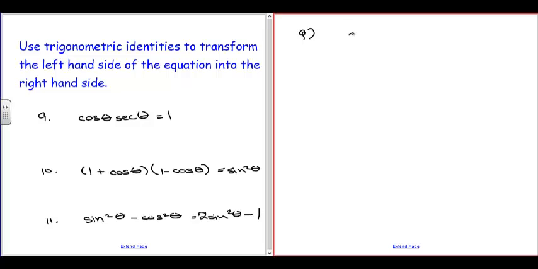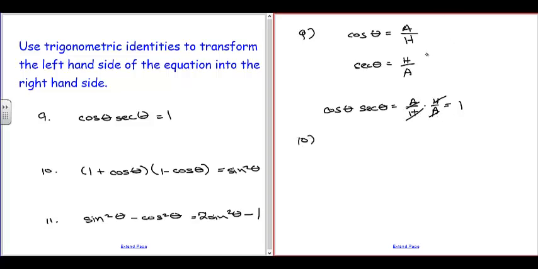So cosine of theta is the length of the adjacent side over the length of the hypotenuse. The secant of theta is equal to the hypotenuse over the adjacent. So if you take the cosine of theta times the secant of theta, that's adjacent over hypotenuse times hypotenuse over adjacent, which is 1. All these simplify down to 1.